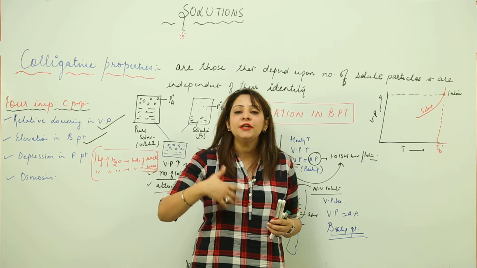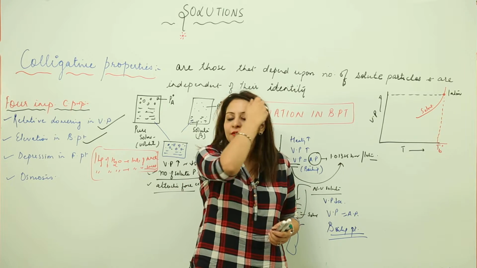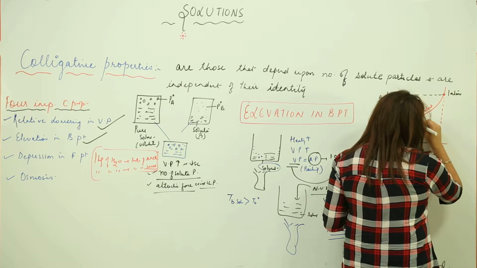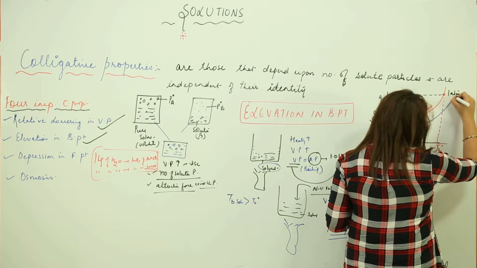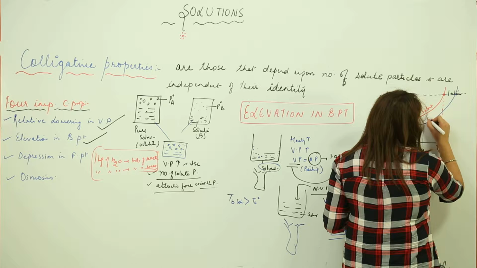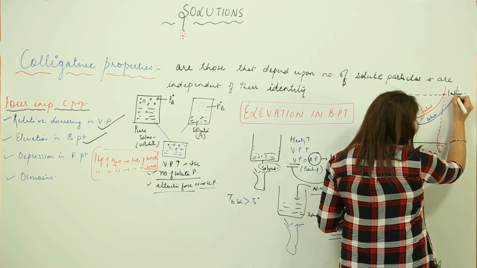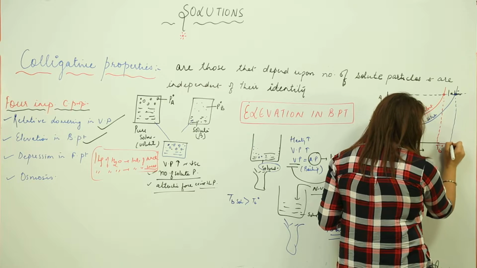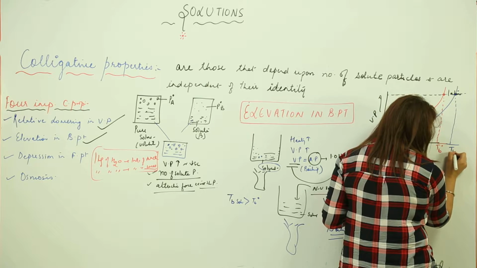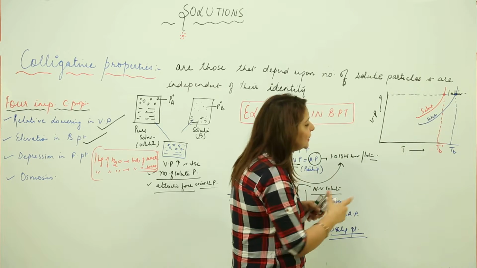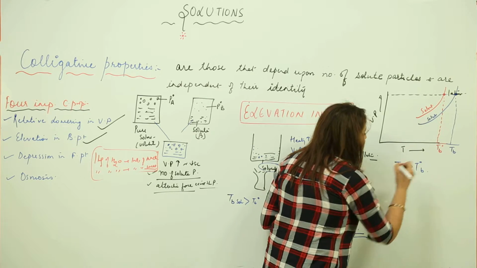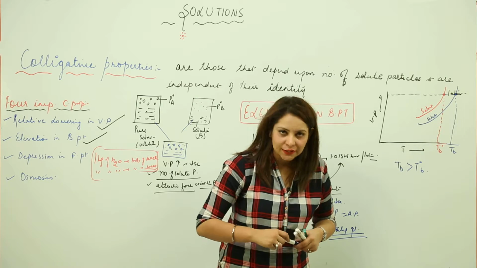But for solutions, I told you the vapor pressure is comparatively less, so the graph will look something like this, because they possess less vapor pressure. Their vapor pressure will become equal to atmospheric pressure at this temperature. Let us call this Tb. As you can see, Tb is greater than Tb0. So this indicates the elevation in the boiling point.